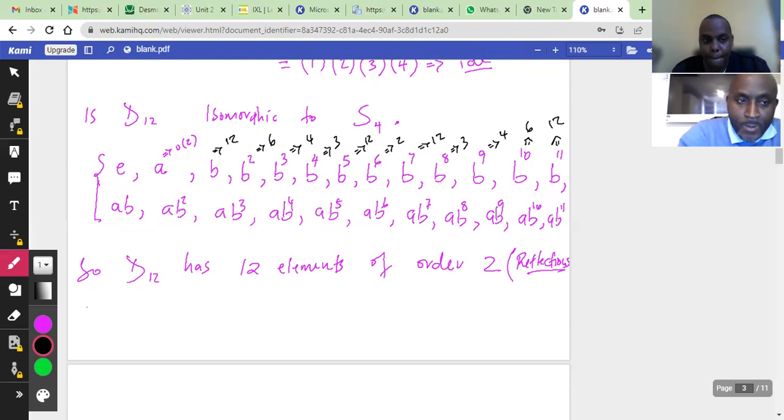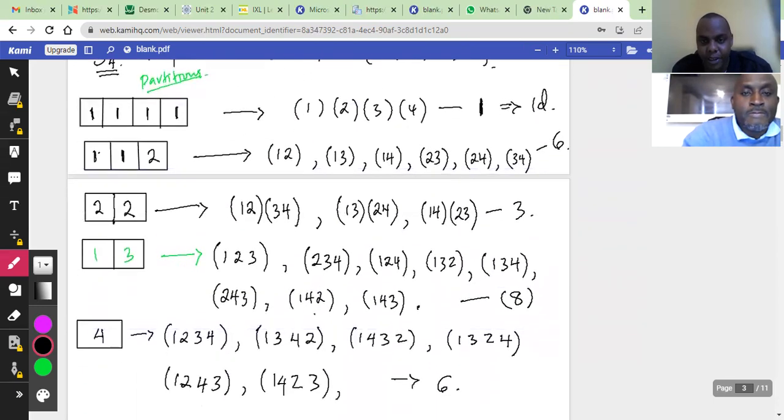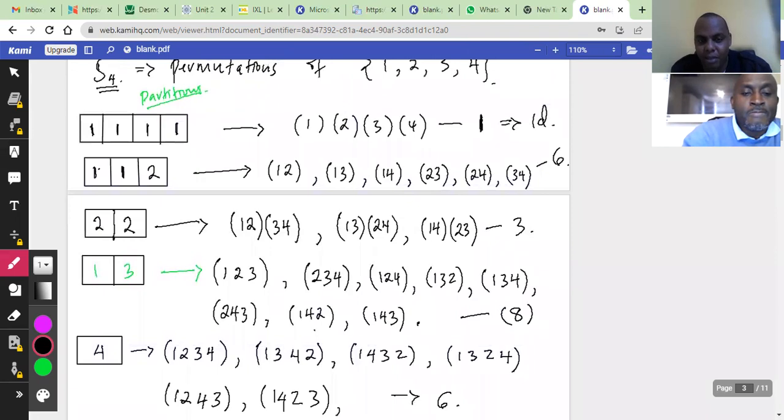Okay. D12. The fact that we have 12 elements of order 2 is enough to show that there is no isomorphism. Right? Because if we come up to S4, how many elements do we have of order 2? 6. So they are not similar.